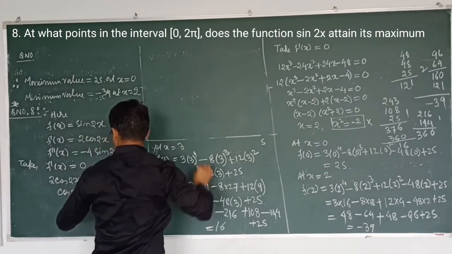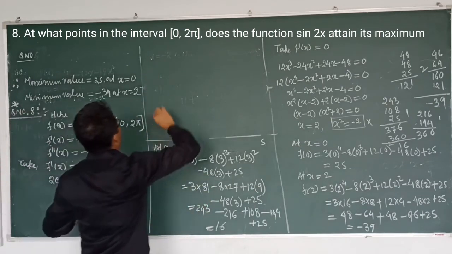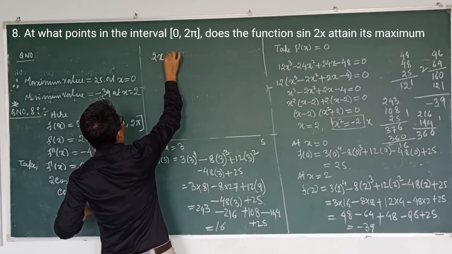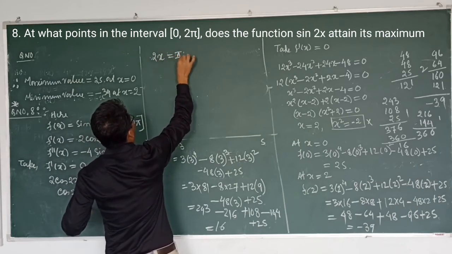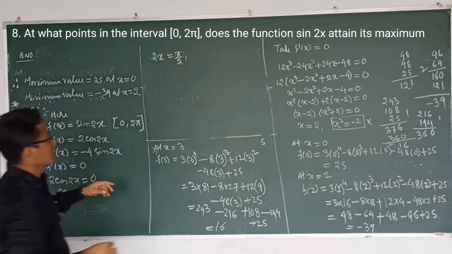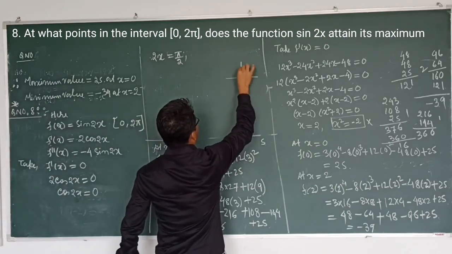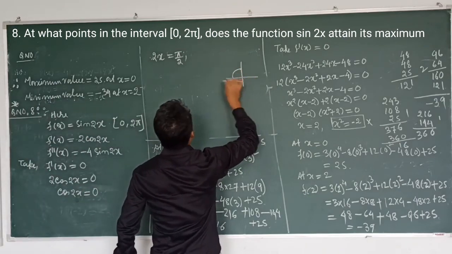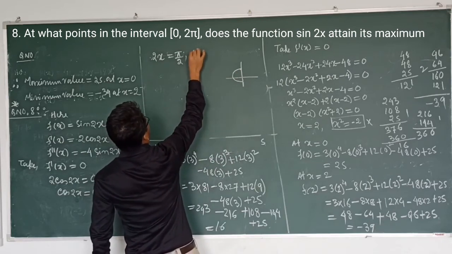So here cos 2x equal to 0, that means 2x we take as pi by 2. Then if you make one round, it becomes 3 pi by 2.